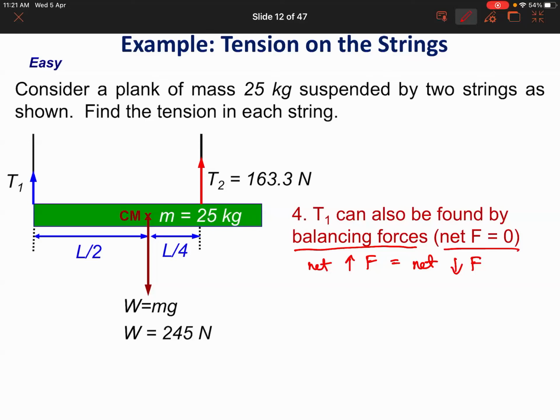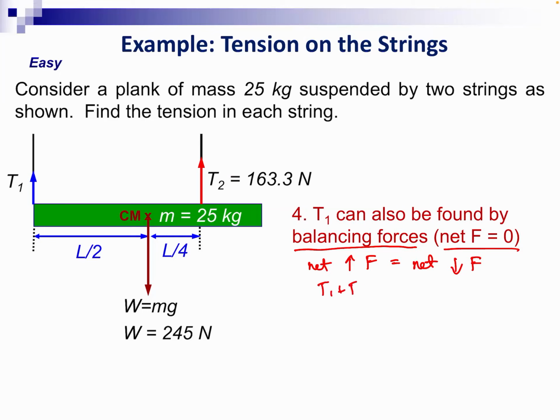There are two upward forces, T1 plus T2 should be equal to the weight force, or T1 should be equal to the weight force minus T2. We've calculated the weight force 245 newtons, and by balancing the torques about T1, we calculated T2 163.3. So T1 is also 81.7 newtons.